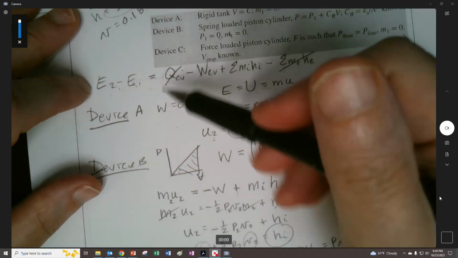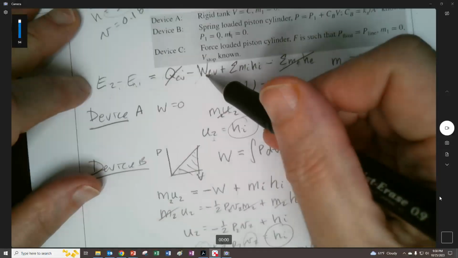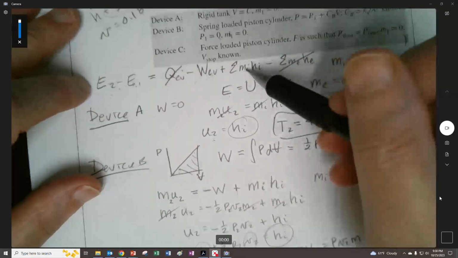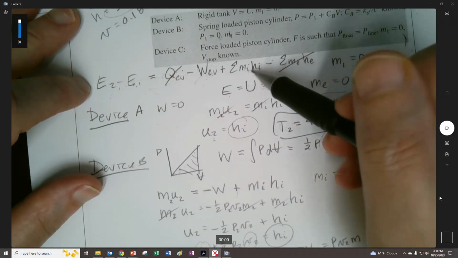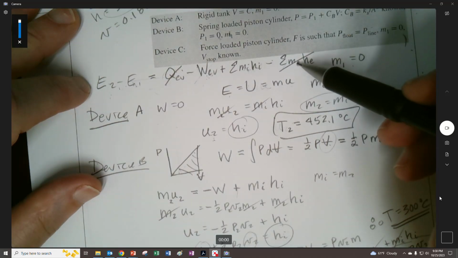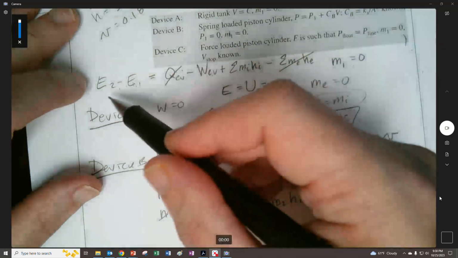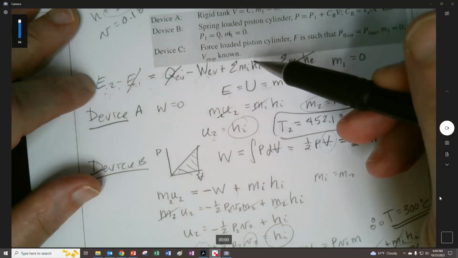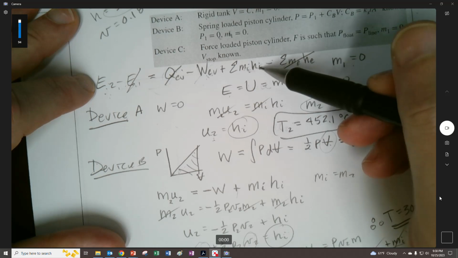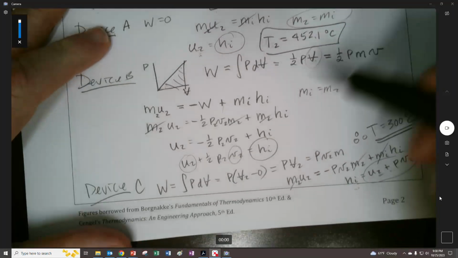No heat transfer, it's insulated. There could be some work. There could be mass coming in and the enthalpy of it coming in, but there's no mass exiting. So all we're left with is E2, work, and mass times this. And we said that the E2 is going to be internal energy in this context.